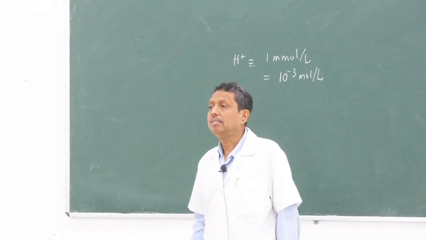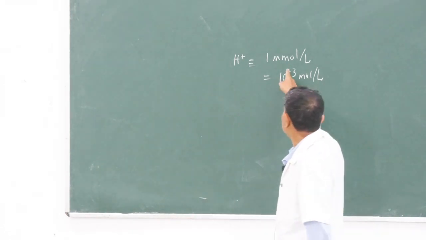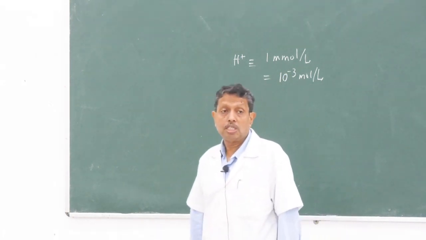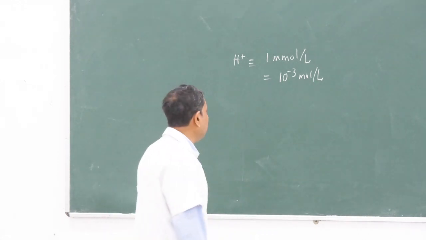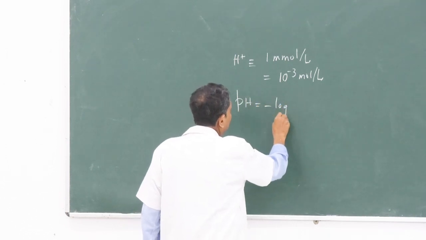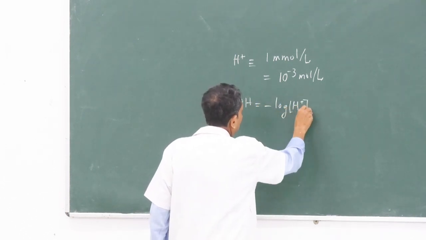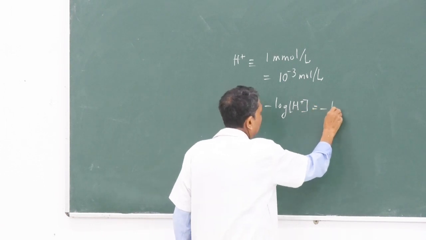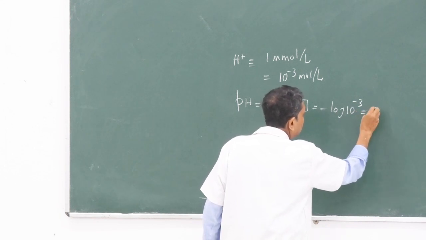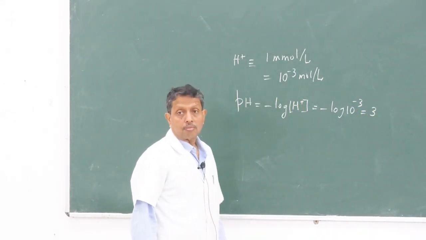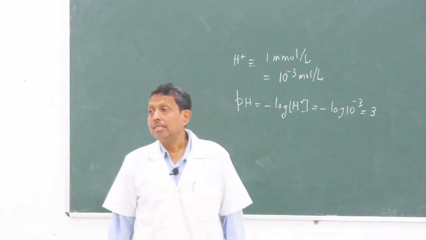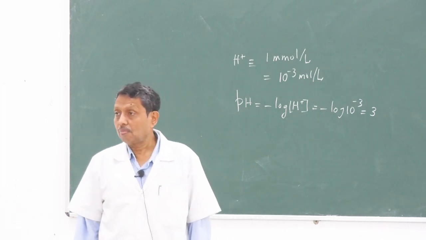An acid is added to a liter of water, so this is the concentration. pH will be 3.0. So in this case pH is equal to minus log hydrogen ion concentration, minus log 10 to the power minus 3. It is 3.